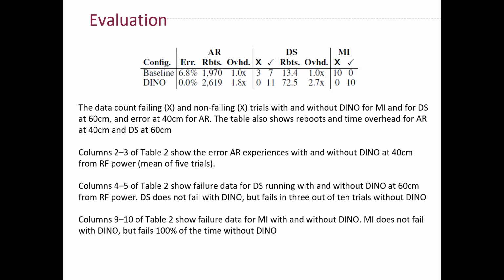So DS experiences no failures with DINO, but about 5.5 times as many reboots, because the number of reboots with baseline is 13.4, but the number of reboots with DINO is 72.5, which is logical because with the overheads, your program length has increased. So now it requires more reboots to execute the program.